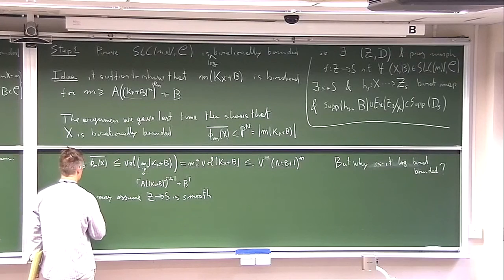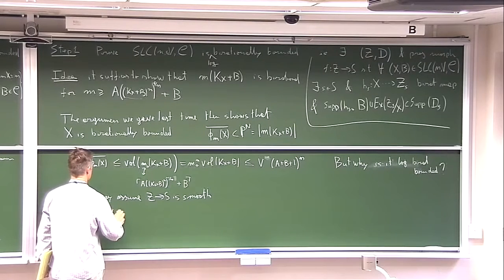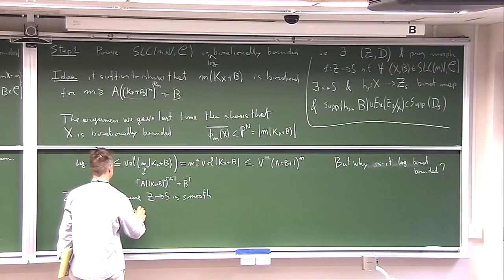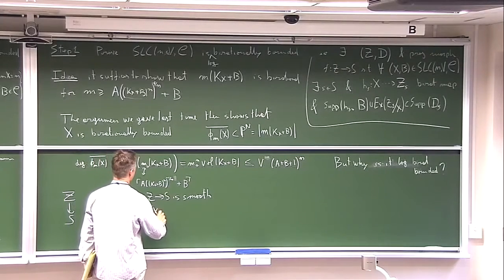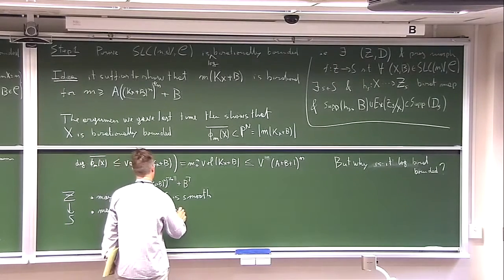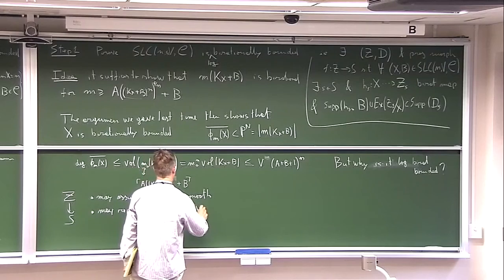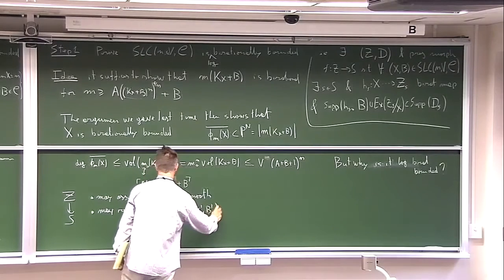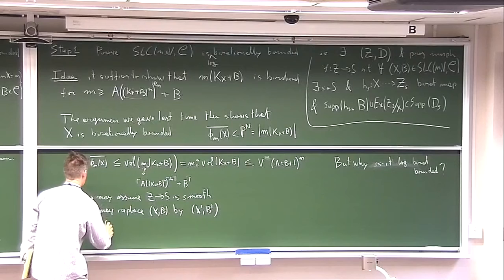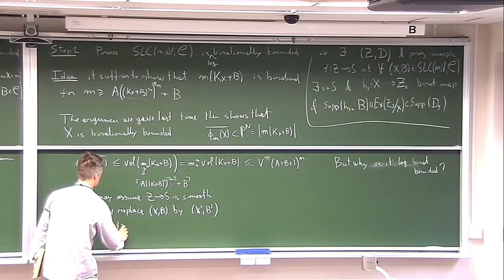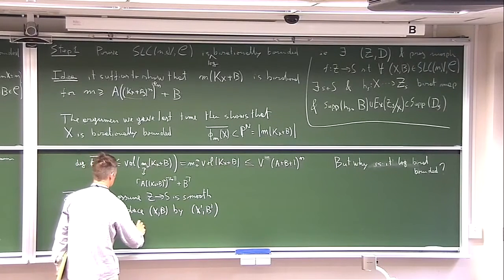So we may replace pairs of the form x b by pairs of the form x prime b prime with the property that f from x prime to x is birational.